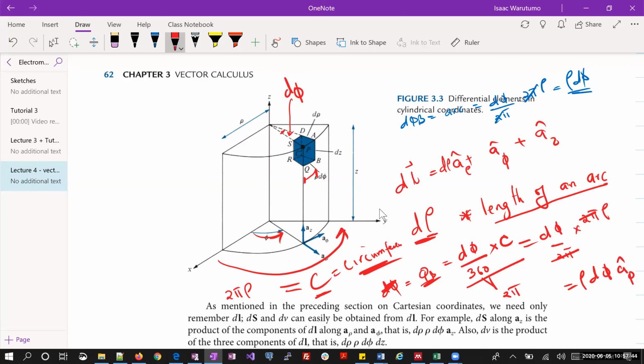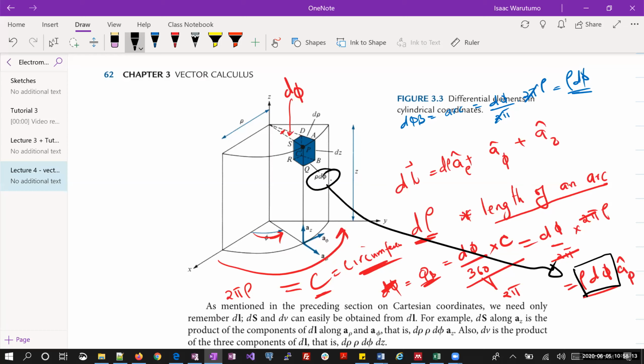So that is how we obtain this length here, rho d phi. This is what I was trying to derive by showing you how we are getting that. That's something you must always endeavor to remember, how that comes about.